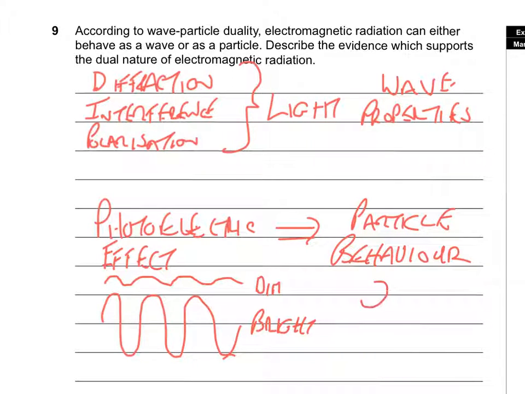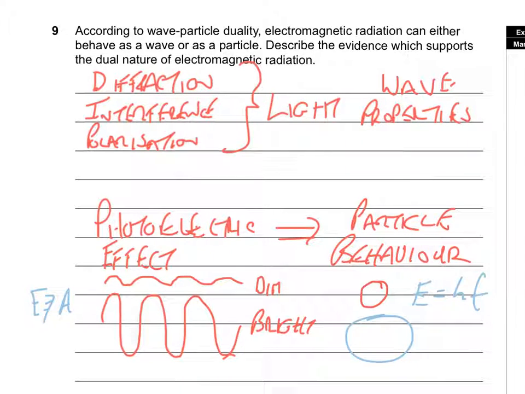So a red photon has a small amount of energy, and a blue photon turns out to have a bigger amount of energy. So in the particle behavior, energy is related to frequency, whereas in the wave behavior, energy is related to amplitude.